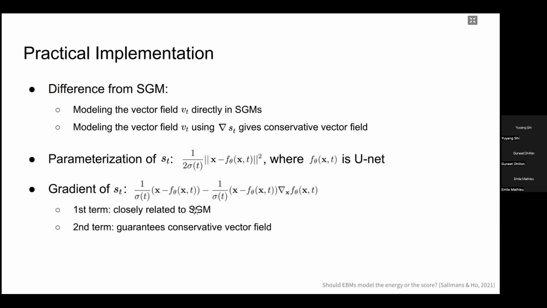And the second term here is what guarantees it to be a conservative vector field. So basically, if you just model any vector field without any restrictions, then you don't have the property that they are all gradients of some scalar function, kind of like what we were discussing earlier.